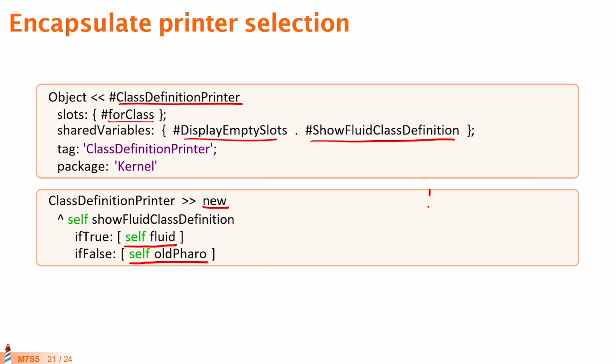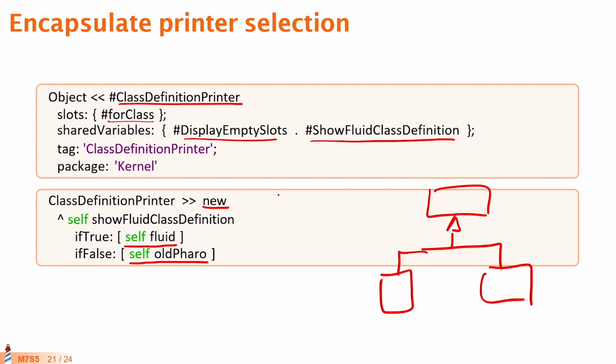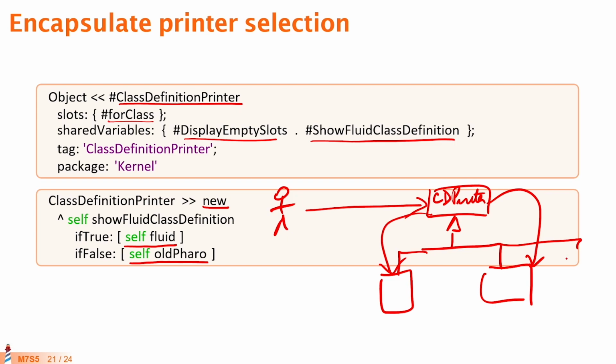So this means that basically you have your hierarchy. All the clients will only refer to this class and never to the instances. But this class, the class definition printer, will create instances of its subclasses, either this one or that one, or even when we ask for the legacy, it will return an instance of the legacy.